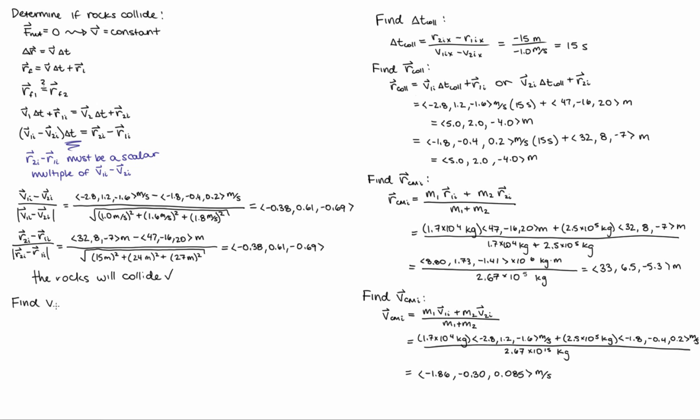Lastly, we will calculate the final velocity of the combined mass. We know that the net force on either mass is 0. This means that our momentum principle becomes delta P equals 0, or momentum is conserved. We know that the final momentum is then equal to the initial momentum, or the quantity m1 plus m2 times v12 final is equal to m1 v1 initial plus m2 v2 initial.